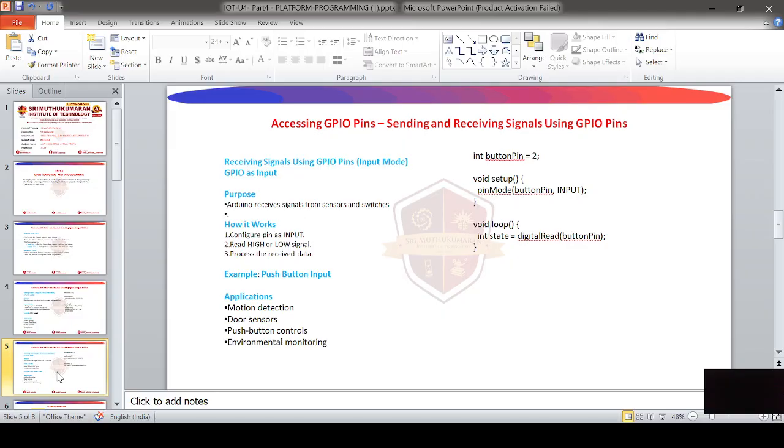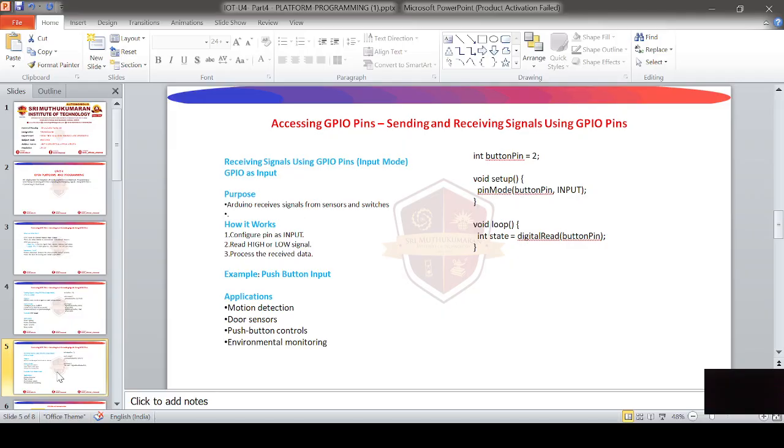On the right side we see the programming part. int buttonPin = 2, which means we are assigning the second pin to the variable buttonPin. As we saw in the last class, the IDE program has a structure: a setup structure and a loop structure.